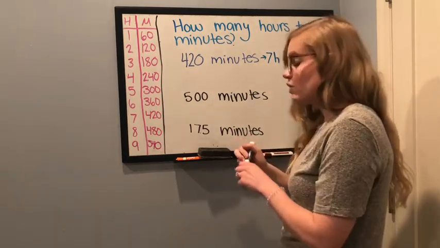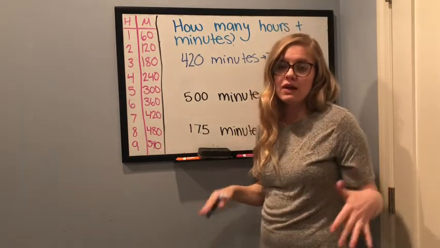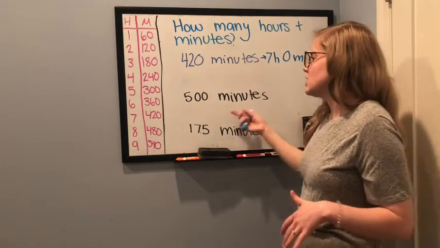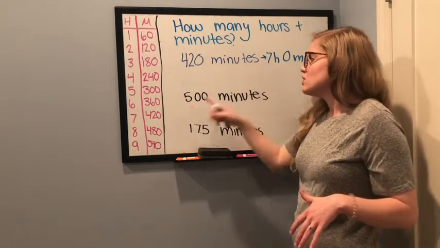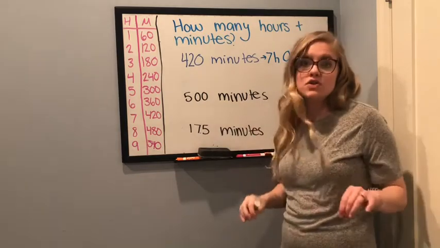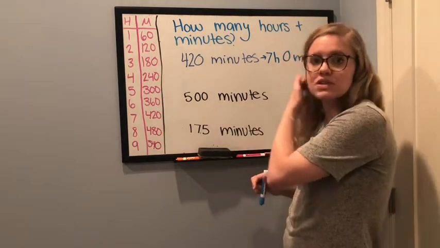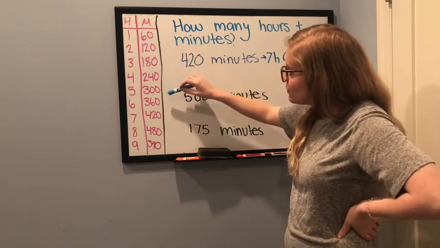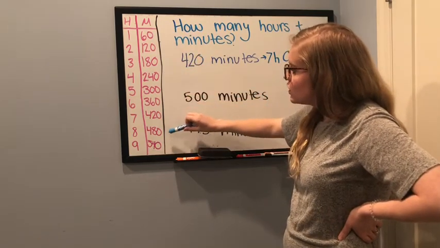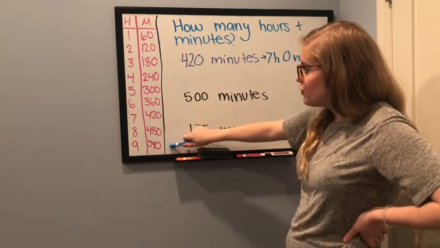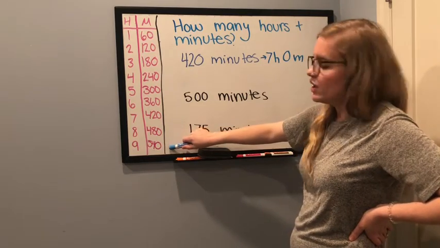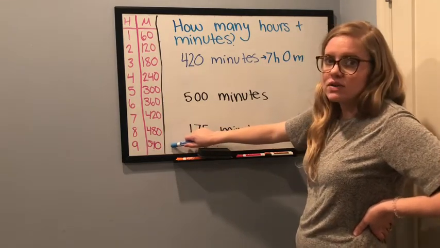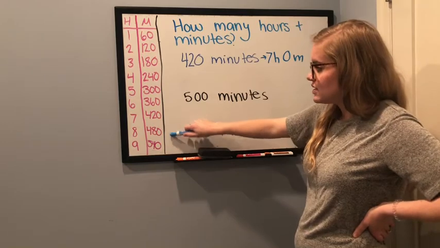Okay, now we're getting a little bit trickier, but we're going to use the same strategy. We're going to say, how close can I get to 500 without going over using our cheat sheet? So 60, 120, 180, 240. I'm getting closer. Okay, too far, right? Because we went over 500 down here, at 9 hours and 540 minutes.